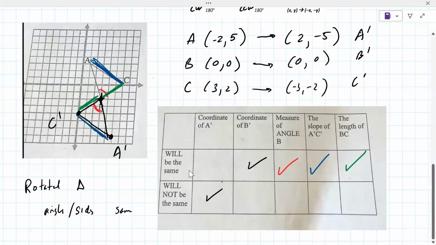The slopes are the same only because of the 180. If it were 90 degrees, it would not be the same. But that's only because of the 180-degree rotation.